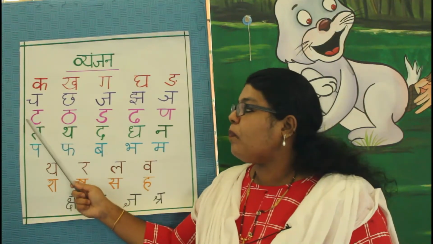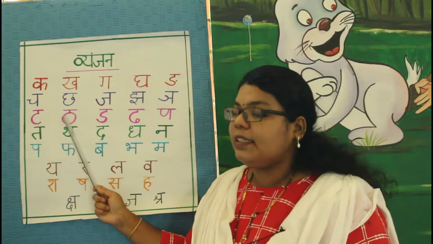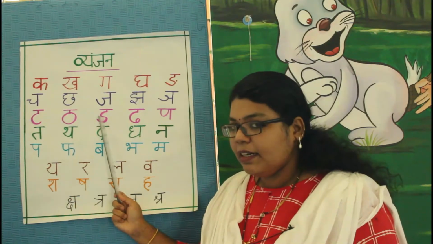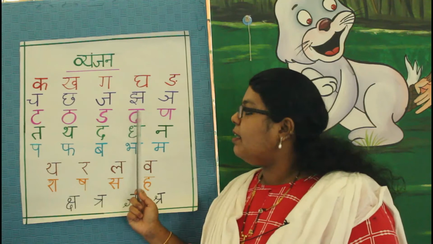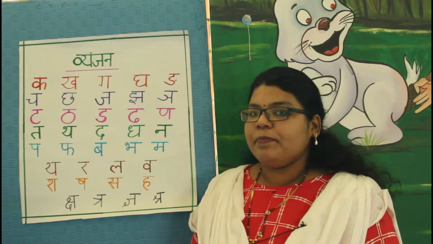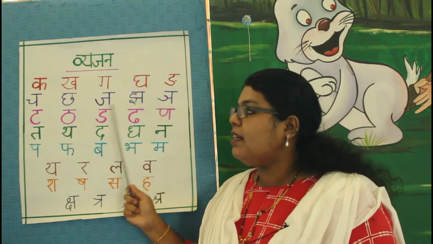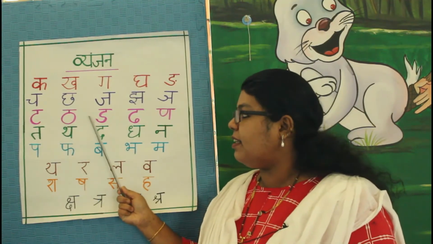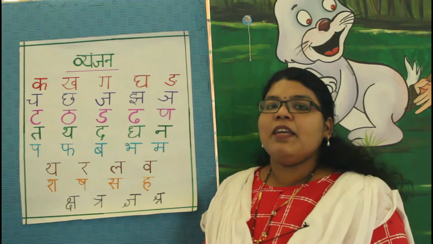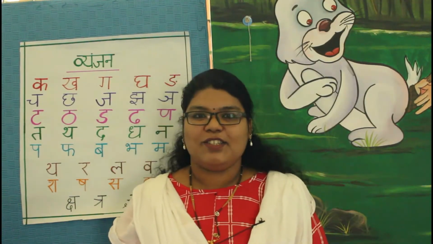Repeat, children. Ta, tha, da, dha, na. Cha, chha, ja, jha, nya. Ta, tha, da, dha, na. Now let's see the words starting with these consonants.